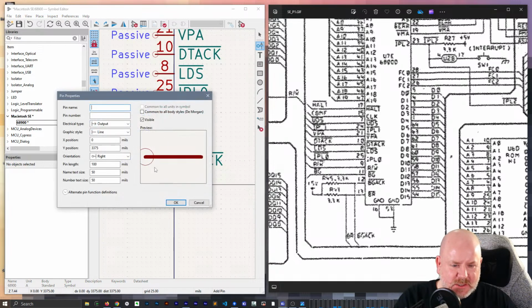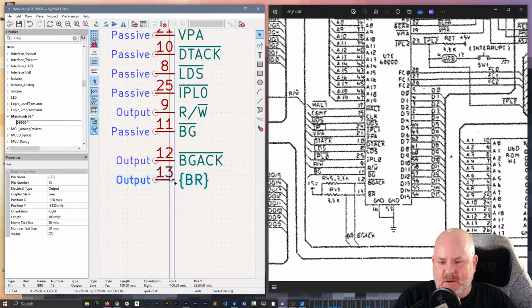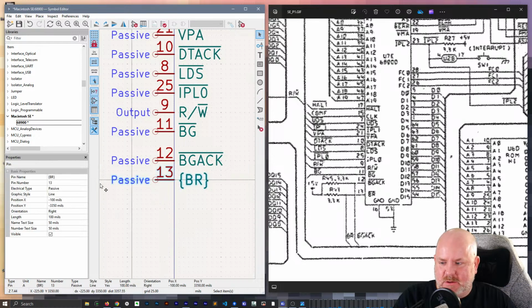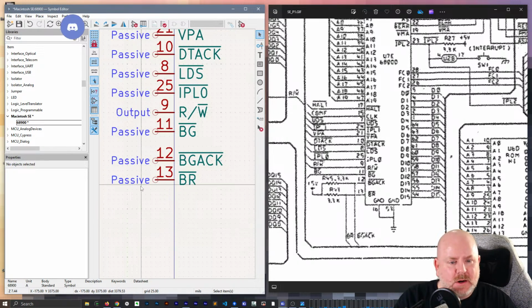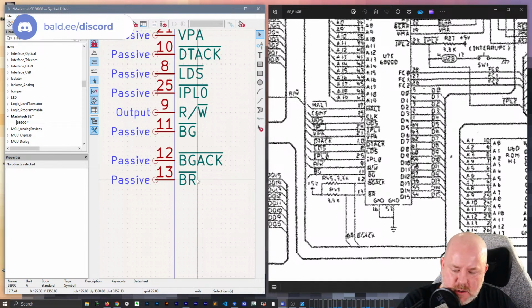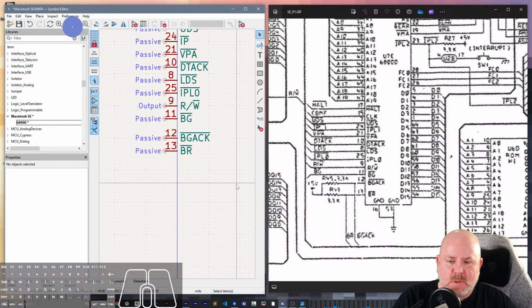This looks like BR. Oops. That's not how you make an... Okay. First of all, let's highlight both of these and make them passive, since I'm not sure what they are yet. And then on this one, we want to make this tilde braces BR. Much better. Oh, I forgot to turn this on. Oh yeah, look at that.